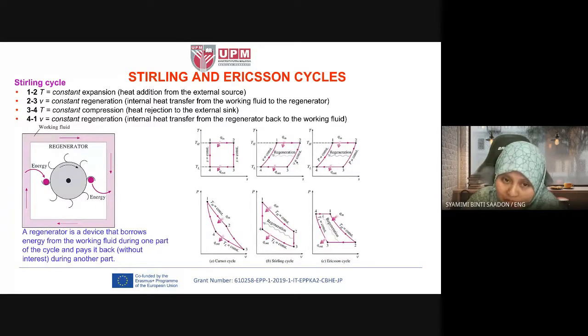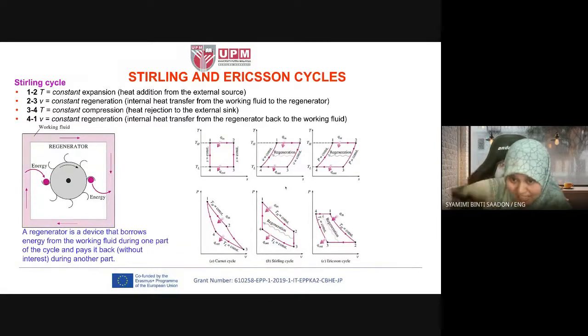So in order to save energy to heat up the cold temperature from point 4 here, from TL, we reuse the heat from the working fluid from TH at point 2 to heat up a bit the cold part. Okay, so this is what we call the process of regeneration.